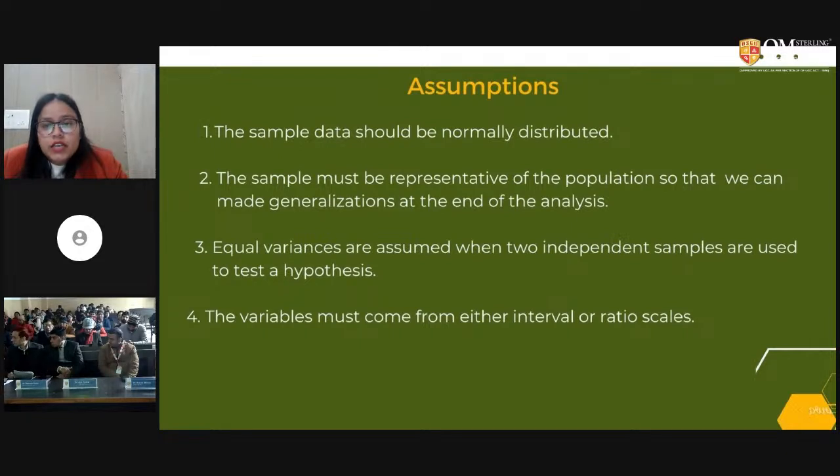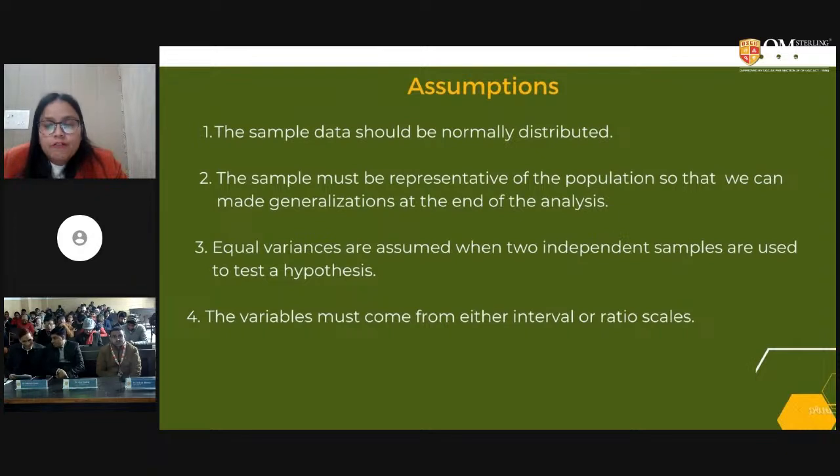Third assumption is that equal variances are assumed when two independent samples are used to test the hypothesis. If you are taking two samples from a population, their characteristics should not differ much.